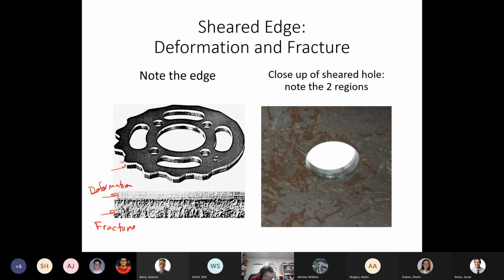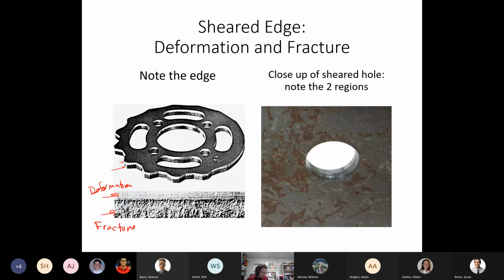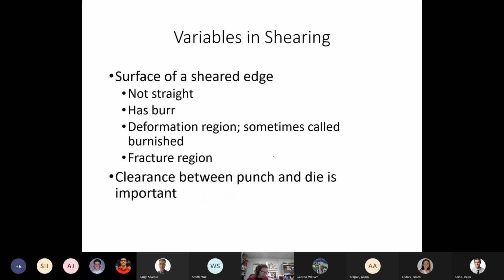Also, you can't really see it on this part, but in the lab, we'll be able to see it. When you have a sheared part, you can feel which edge is smooth and which edge has the burr. And there's going to be a burr on both sides. So again, we can usually tell a sheared edge. A sheared edge is not straight.